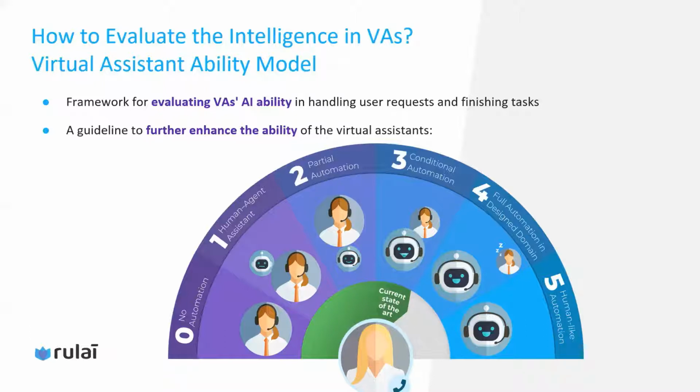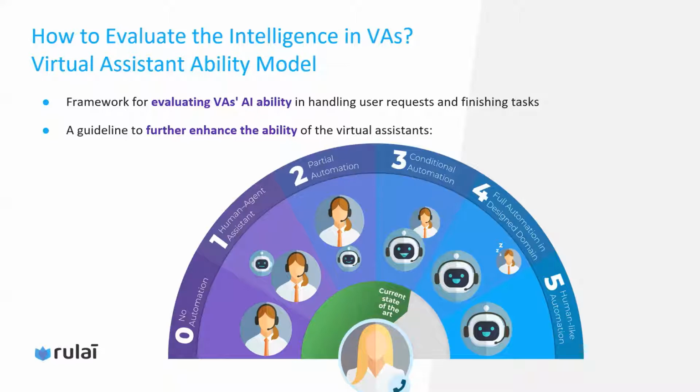In level 2, we have partial automation. That means for tasks the virtual assistant is designed to handle, it can take control of those tasks if the conversation follows the design. But if the conversation flow doesn't follow the design, human agents need to be responsive and ready to take over.